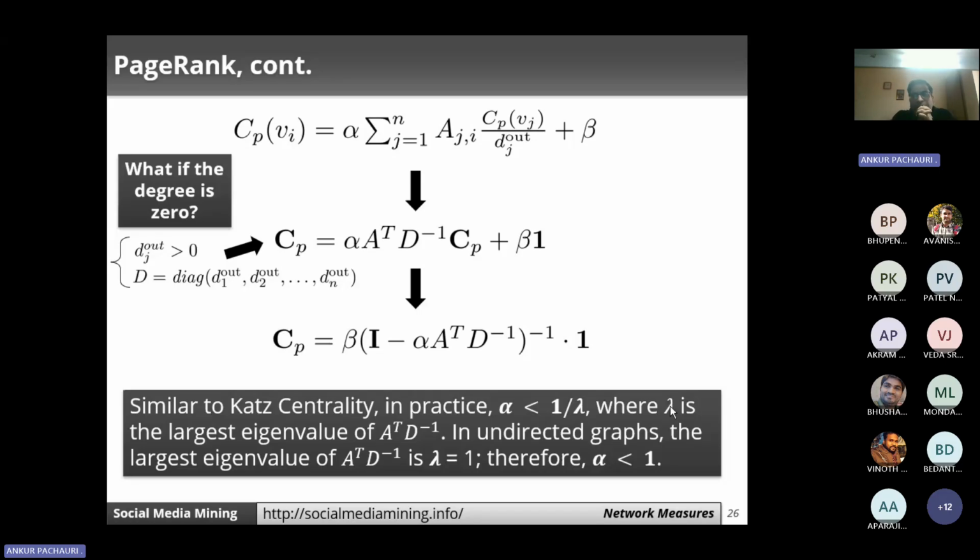The first value we thought of assigning was based on the degree, so we call it degree centrality. It is purely based on the number of neighbors, in-neighbors or out-neighbors.